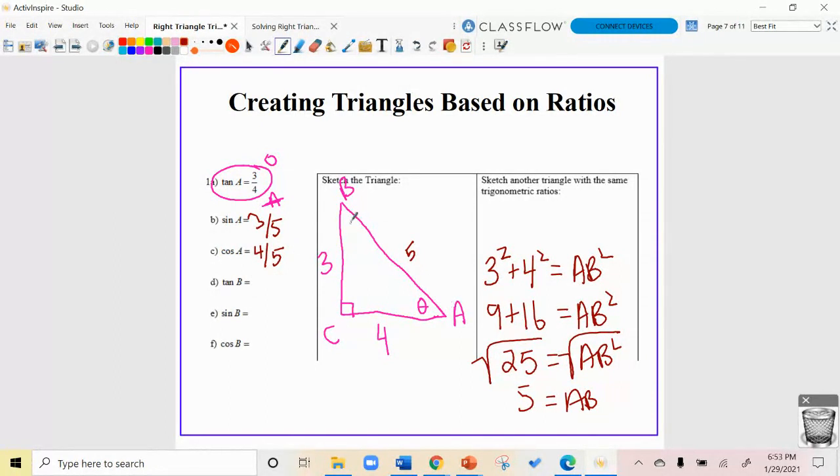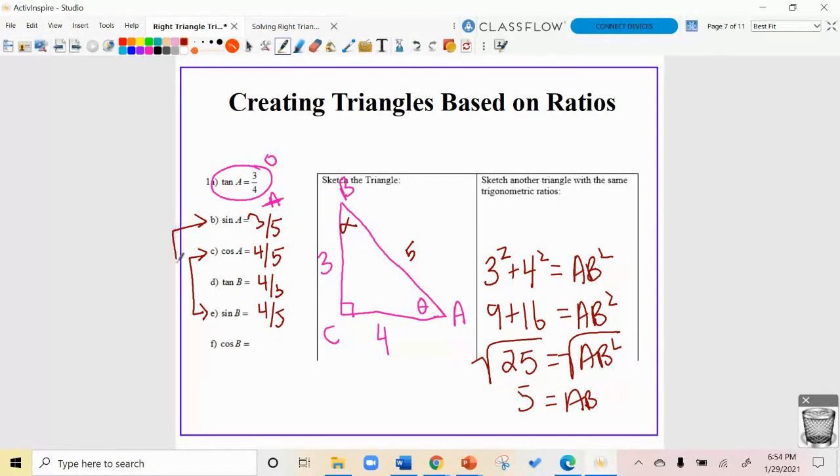Now I'm changing perspectives. I'm going to go over here to B. That's what it's telling me to do. The tangent of B, opposite over adjacent, is 4/3. The sine of B, opposite over hypotenuse, is 4/5. Remember this relationship: the cosine of A and the sine of B are the same.